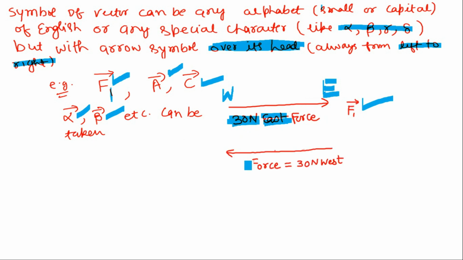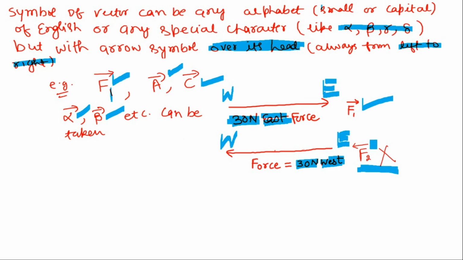Let us take another example. Here we have a force whose magnitude is again 30 Newton, but now the direction is west. So the arrow is pointing from right to left because this direction was west and the other was east. Now please remember that this is not the correct way to represent the symbol of such a force.